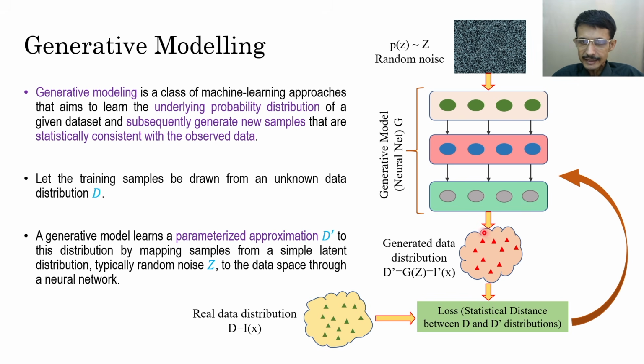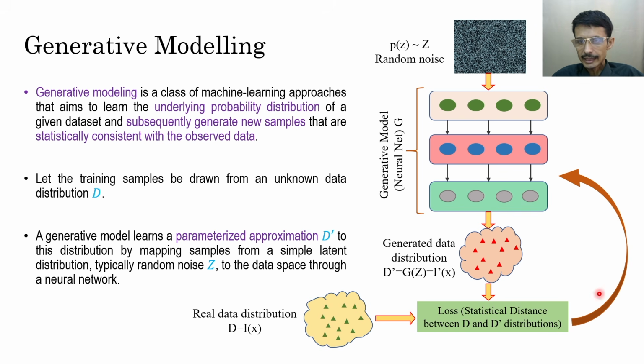Now the intention is that, given a data set, we want these two distributions to be very close. So we measure a statistical loss or statistical distance between the D and D bar distributions, and we want to minimize this loss.